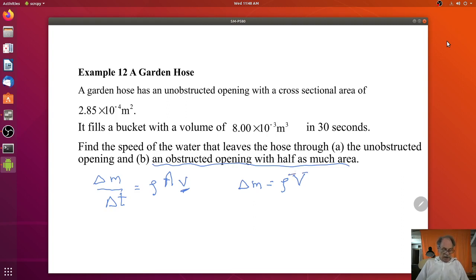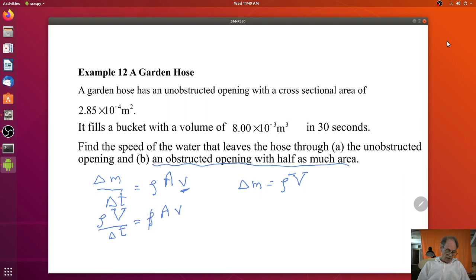Notice I'm using a capital V. They give me the volume of water, and they give me time, which is 30 seconds. And I'm going to have a rho on this side of the equation, so they're going to cancel. They give me the area, and they ask me to find the velocity. So I think I can do this.